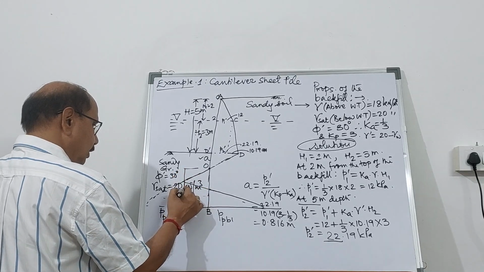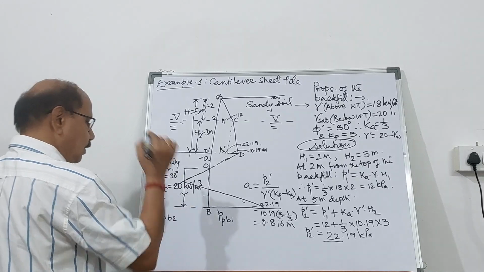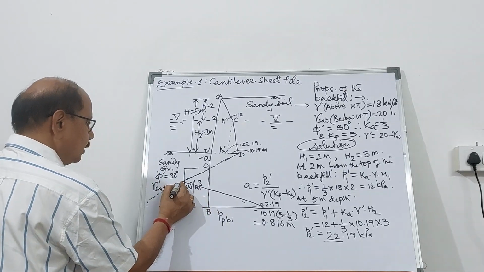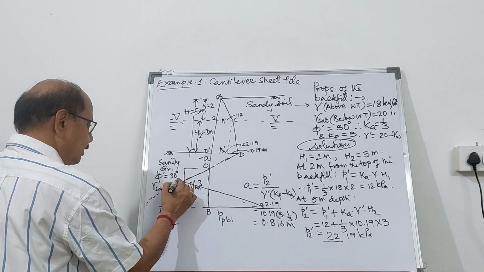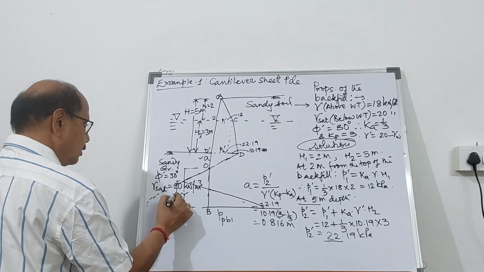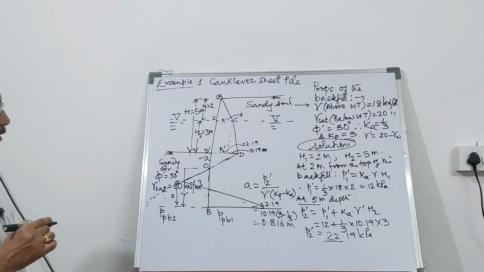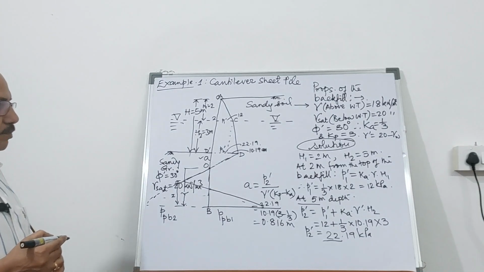It is going to be capital Y. And the distance here is going to be Z. So this becomes the pressure distribution diagram.